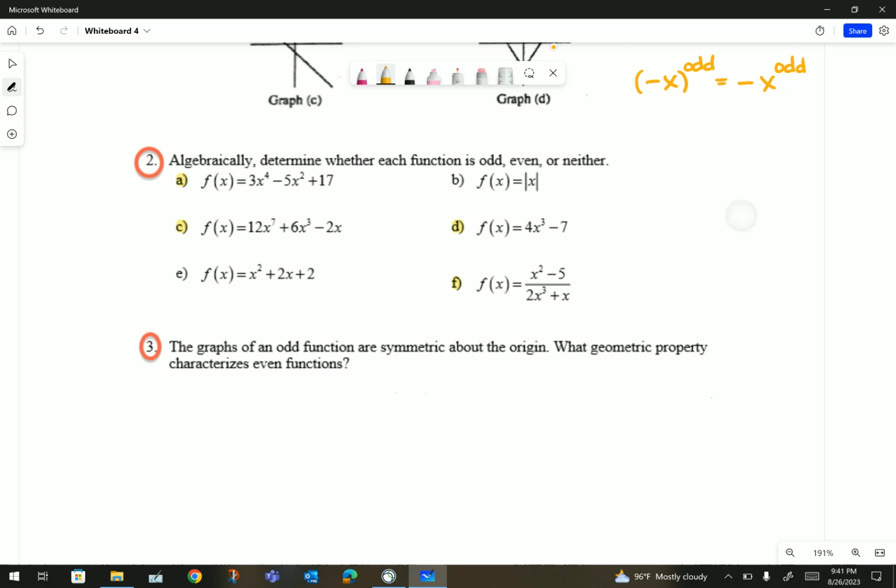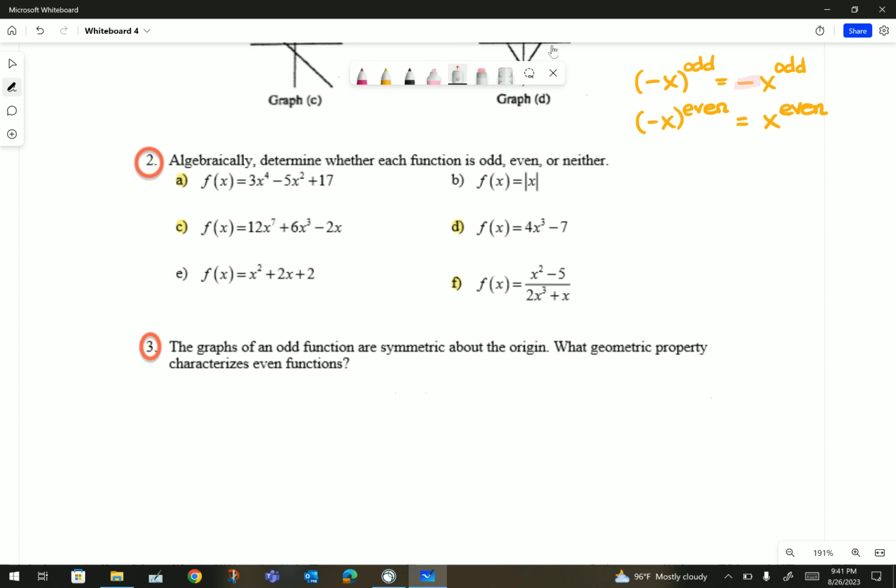Now, if your negative number is raised to an even exponent, that original value will end up having a positive answer. So with odd number exponents, you do switch the sign.